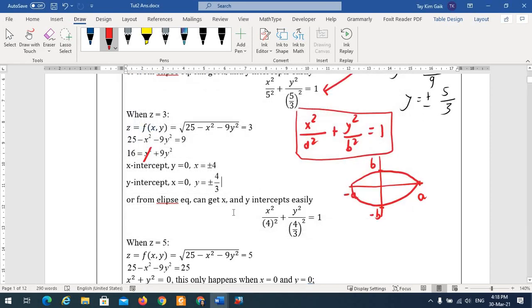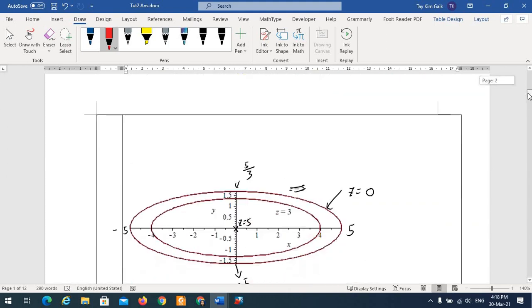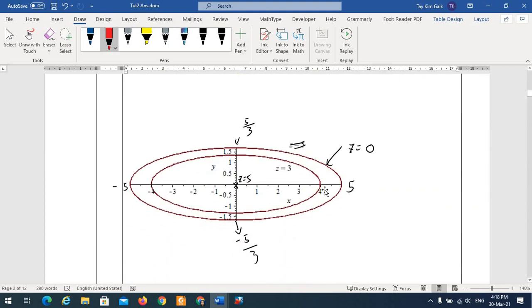So now we have another ellipse where the x-intercept is positive negative 4, positive 4 and negative 4. The y-intercept is 4 over 3, and this value is negative 4 over 3.